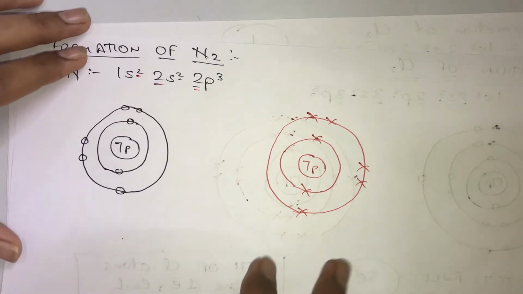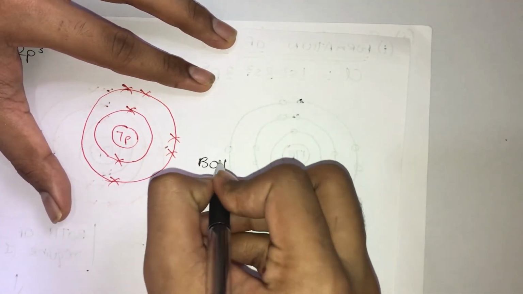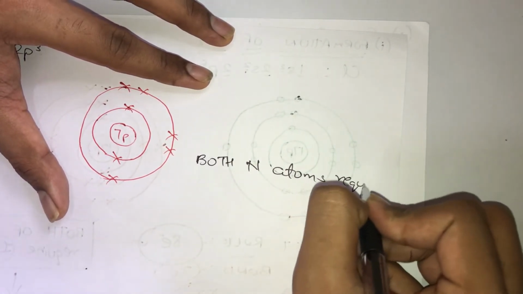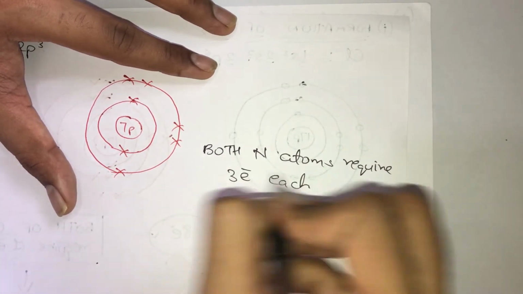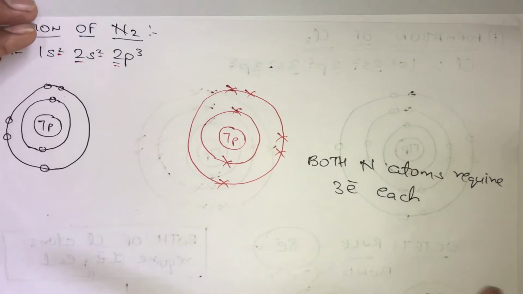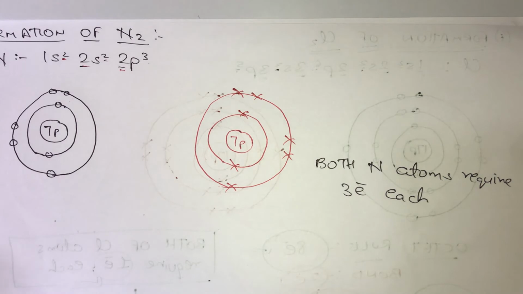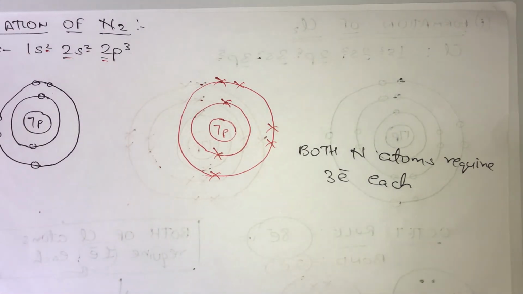So guys, can I say that both nitrogen atoms require 3 electrons each? Why? Because if they get 3 more electrons in the outermost energy level, then their outermost energy level will contain 8 electrons, and as a result they will become stable and attain a stable electronic configuration. So both the nitrogen atoms require 3 electrons each.